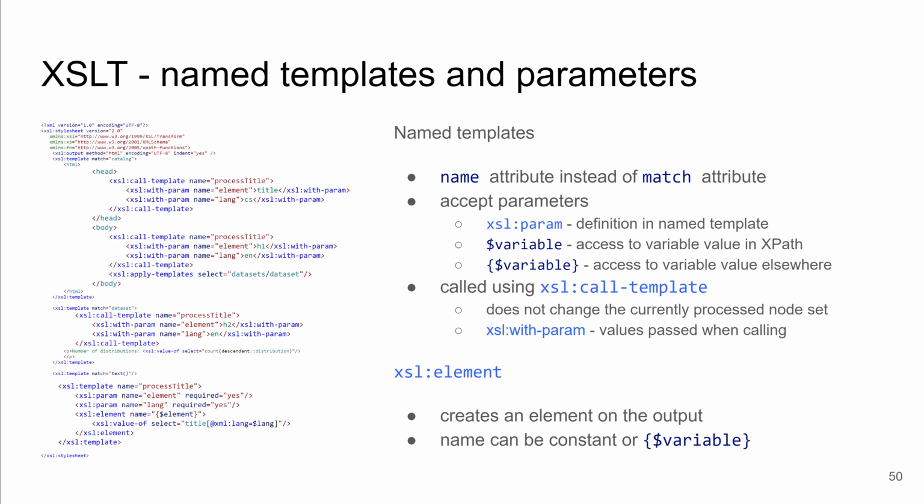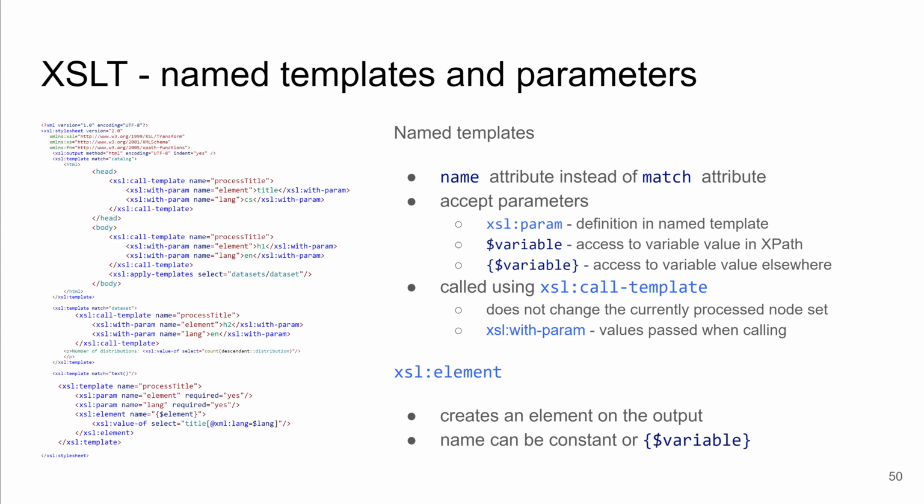Right, and this template will cause the element from the element parameter to be created, and its value will be the value of the title in the specified language. And since this template doesn't have a match attribute, it never gets called or matched naturally. You need to call it explicitly.